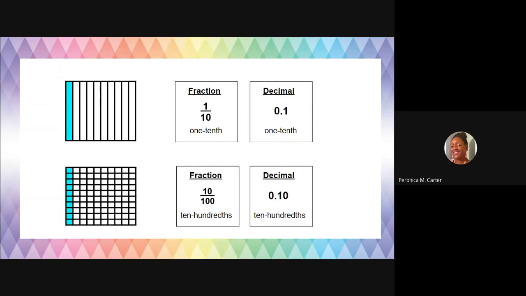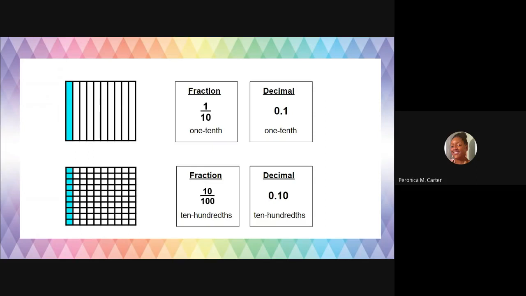So when you look at this, you would call this 10/100. So 10 hundredths. As a fraction, 10/100, and as a decimal, 10 hundredths. They say the same thing, but they also have the same value. So you see that the 1/10 at the top is the same as the 10 hundredths at the bottom model. So they are equivalent to each other.